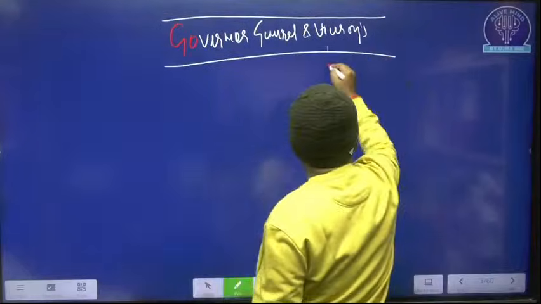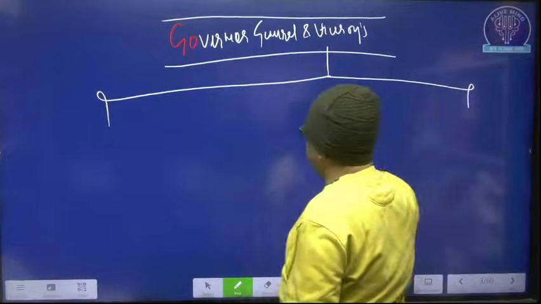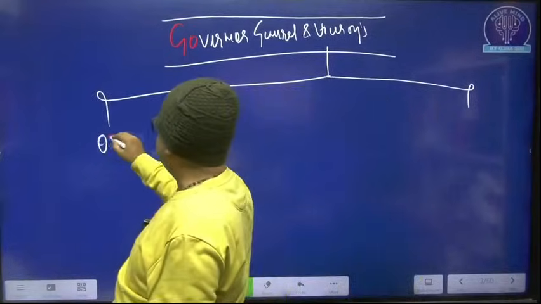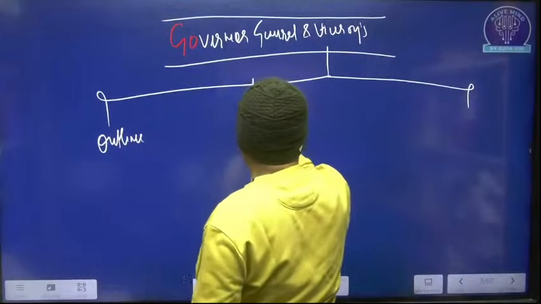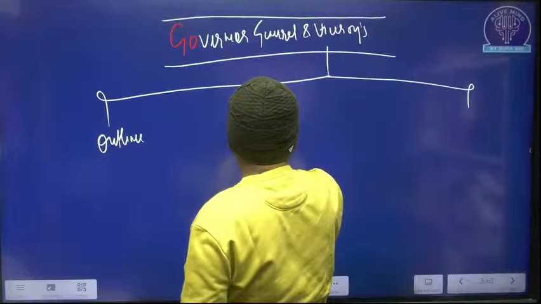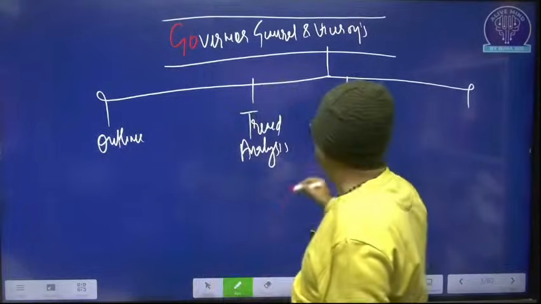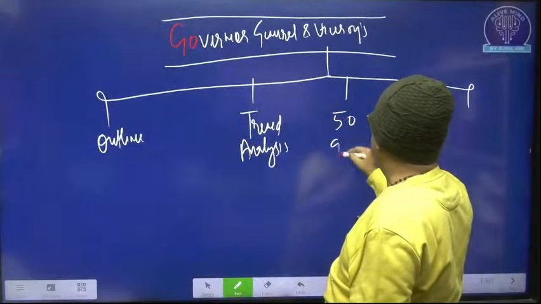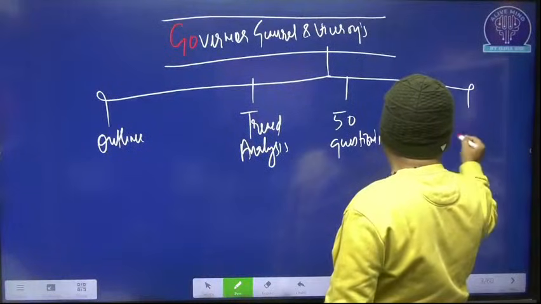So again, the 4 things which we are going to discuss: the outline of this topic, the trend analysis, 50 questions, and the formula of 1:4.